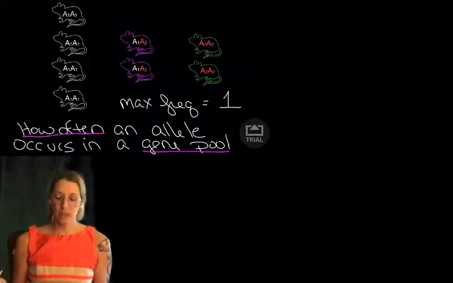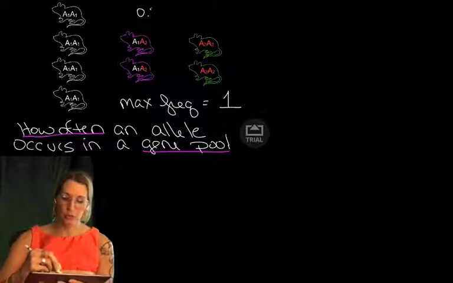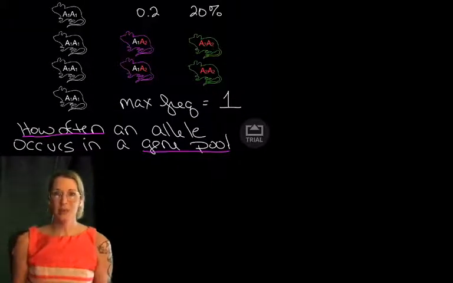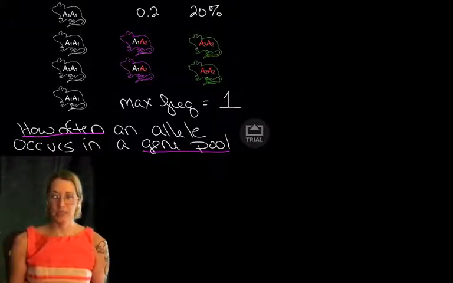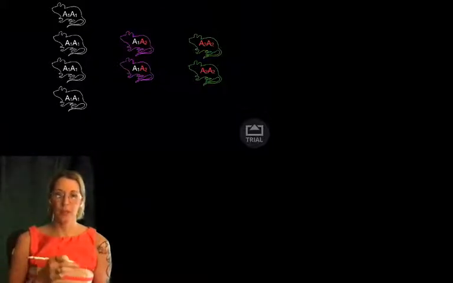And you'll see the allelic frequency expressed as a decimal. So like you'll see a frequency of 0.2, for example, or you'll also see that expressed as 20%. And this is something you're really familiar with. It's a percentage or it's a decimal. Kind of the same thing.